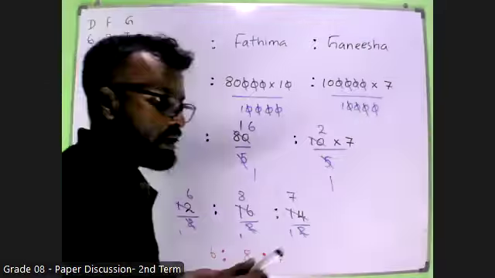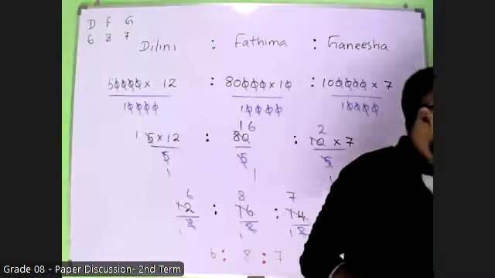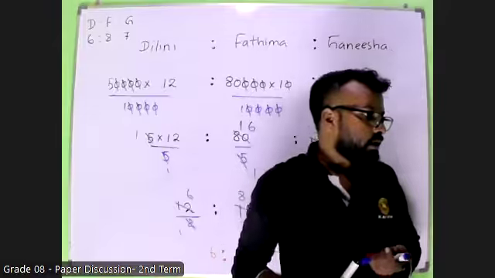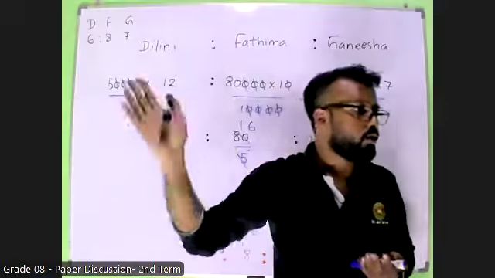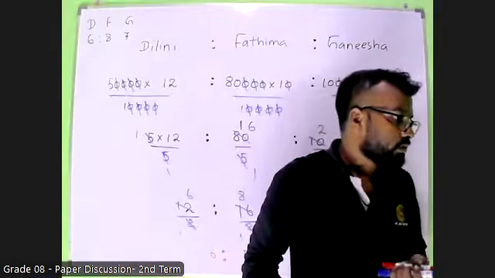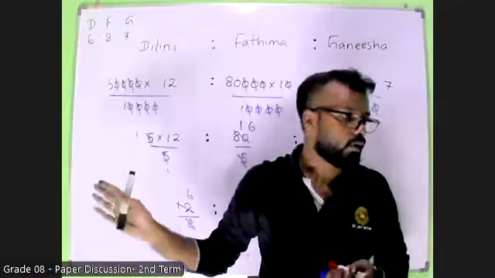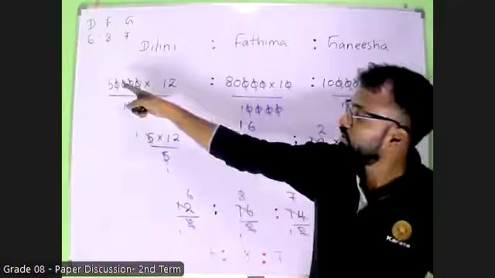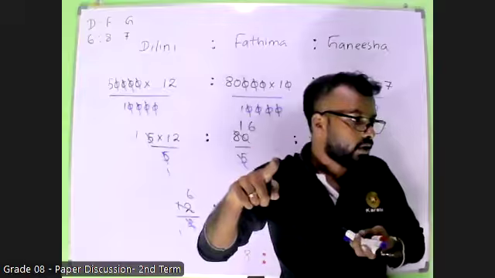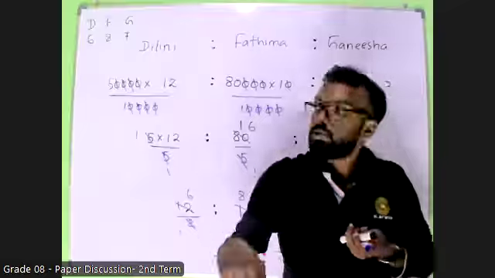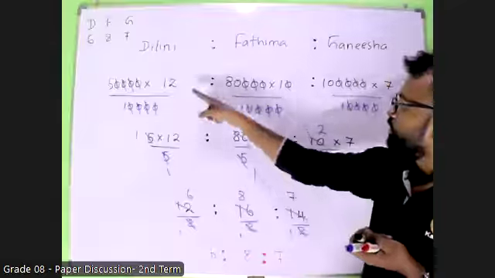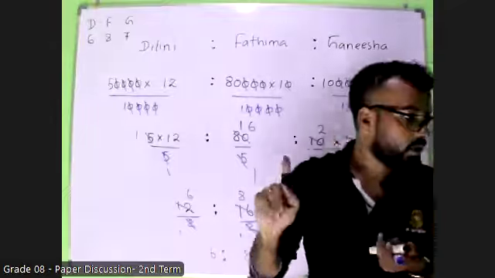Okay, let's go to the next one. Find the ratio of the time period. So I have done it all. Find the ratio of money they have invested in the simplest form. So this is it. Find the ratio of the time period they invested money in the business. So this is the time period: 12, 10 and 7.